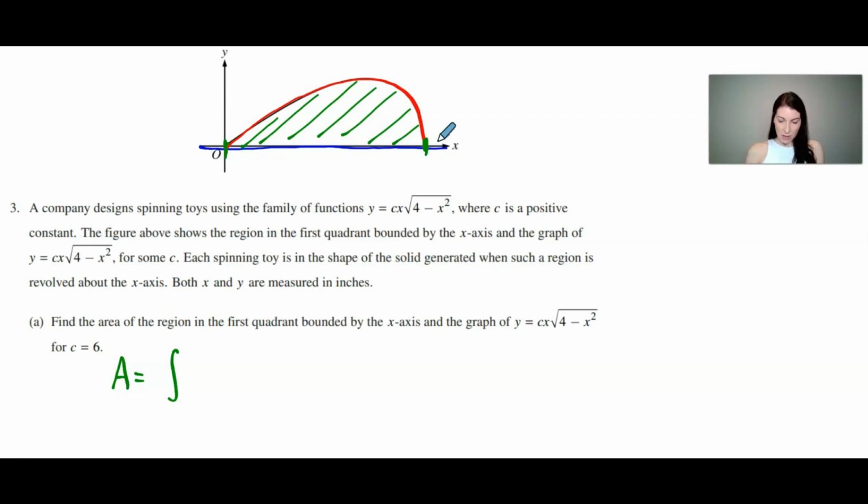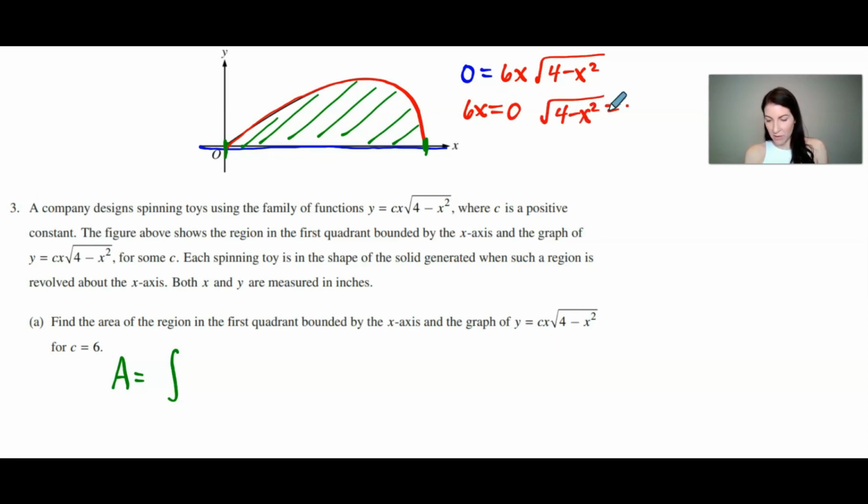So I want to find where the x-axis, which is a value of 0, intersects with my red curve, which was y equals cx square root of 4 minus x squared for a c value of 6. So that's going to be the function 6x times the square root of 4 minus x squared. And now I just need to solve this. If 6x times the square root of 4 minus x squared equals 0, then either 6x is going to equal 0 or the square root of 4 minus x squared is going to equal 0.